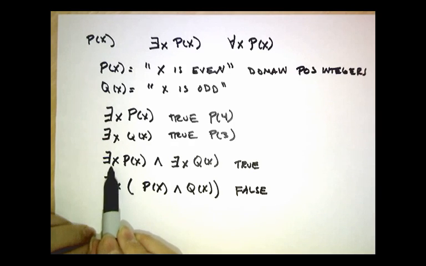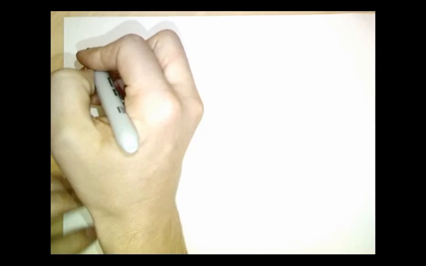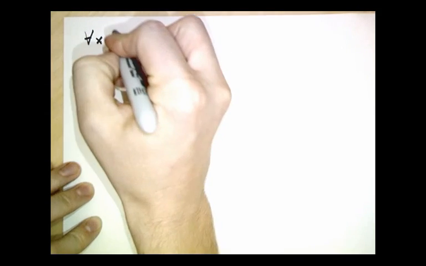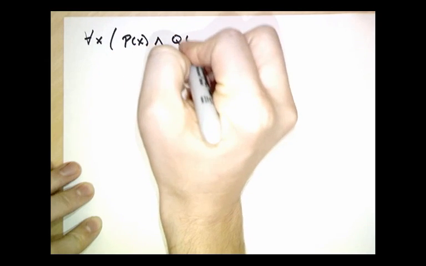So be careful here. You can't always distribute the existential quantifier. You might think, oh, I can distribute this existential quantifier and get there exists x p of x and there exists x q of x. You might think this is logically equivalent to this statement, but that would be false. On the other hand, let's say that you've written the expression for all x, p of x and q of x.